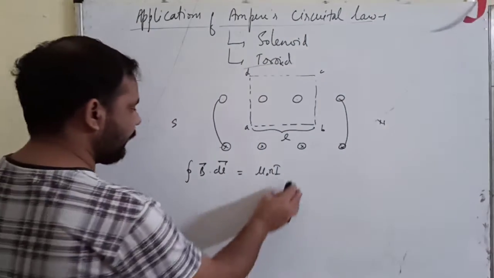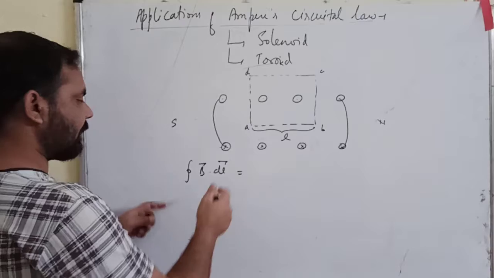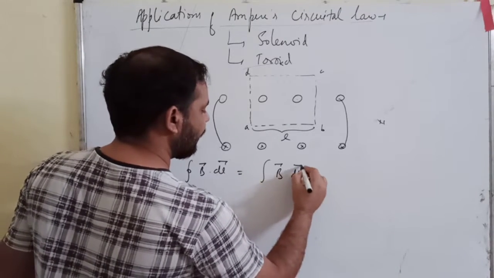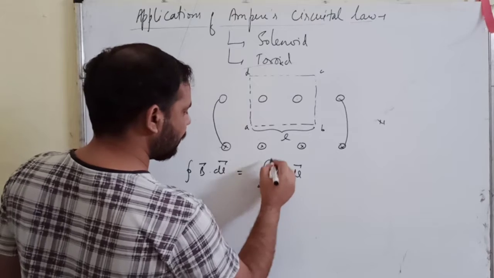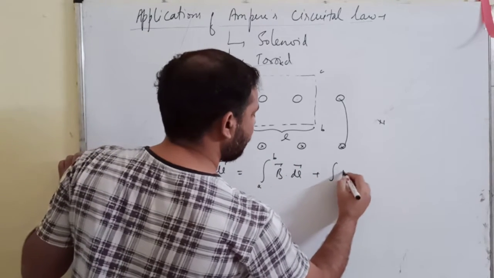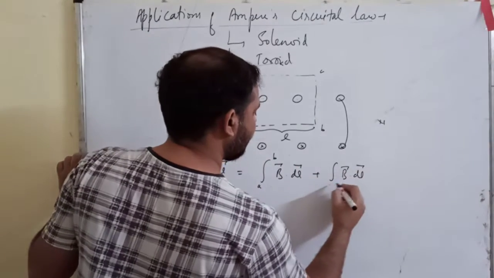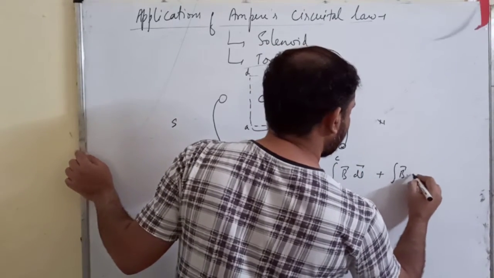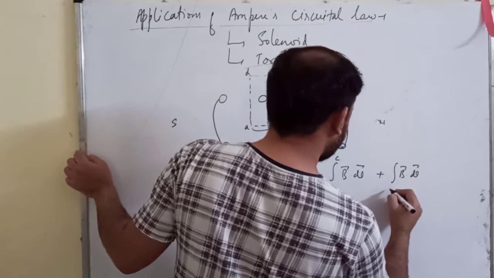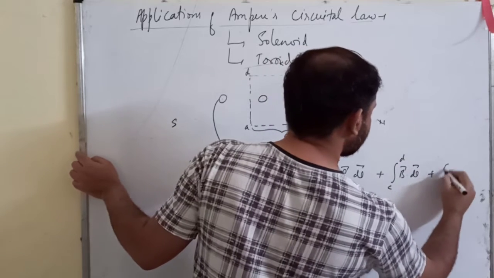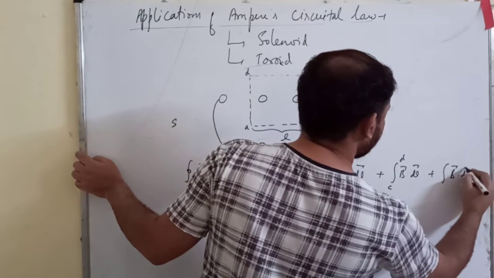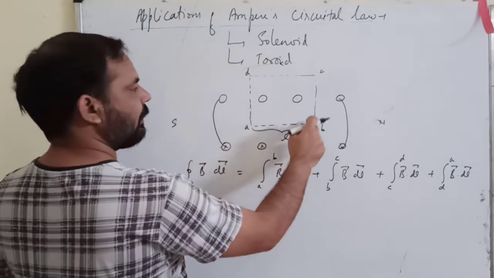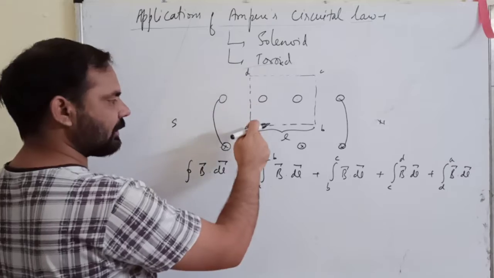So we will find out first this part. The left hand side of Ampere's circuital law will be B vector dot dl vector from A to B, plus B vector dot dl vector from B to C, plus B vector dot dl vector from C to D, plus B vector dot dl vector from D to A. This part plus this part plus this part plus this part.